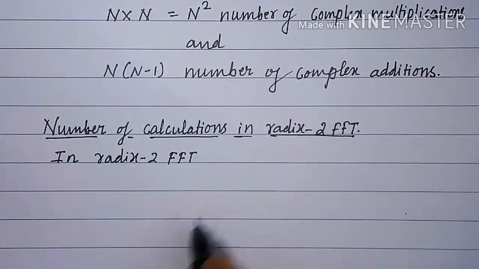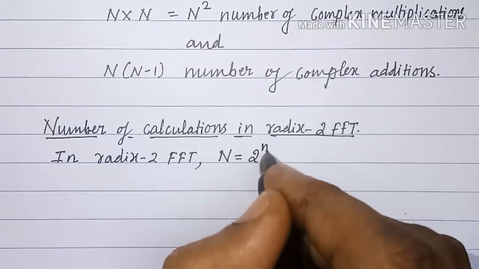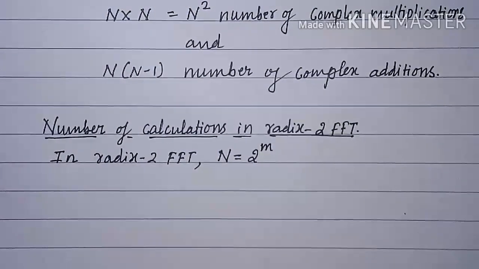In Radix 2 FFT, we know that N can be expressed as 2 raised to m.